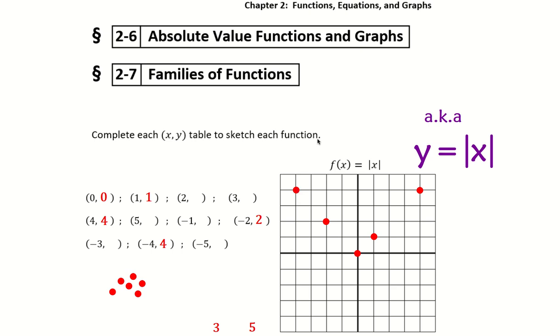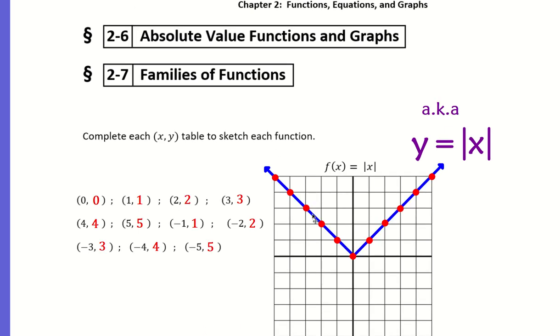And so, I'll go ahead and actually reveal what this is going to ultimately look like. And here is your final work, your final answer. We have all these points, and the graph of this equation turns out to be a V graph.